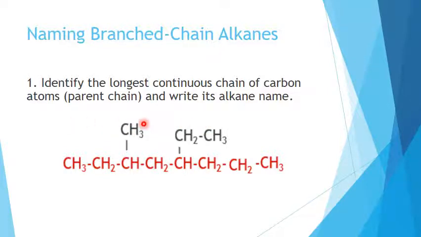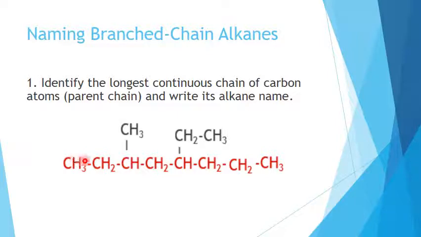So this would be C11H24. I don't know what the name of the long chain would be, but it doesn't matter here. What we want to do is find out what it's named, because it isn't a straight chain. It has branches coming off, so it's an isomer of the straight chain C11 version. So let's come up with the name of this.